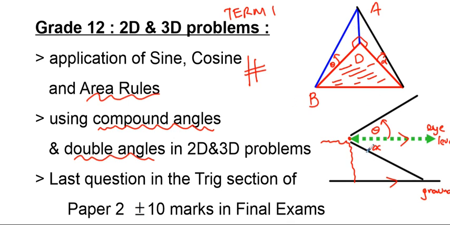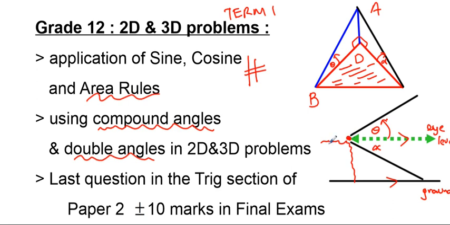If you look at the two diagrams here, this diagram here is a 2D because you don't have a perception of height. And you, the observer, are looking at this diagram head on. But this diagram actually represents some important facts about angles of elevation and angles of depression.